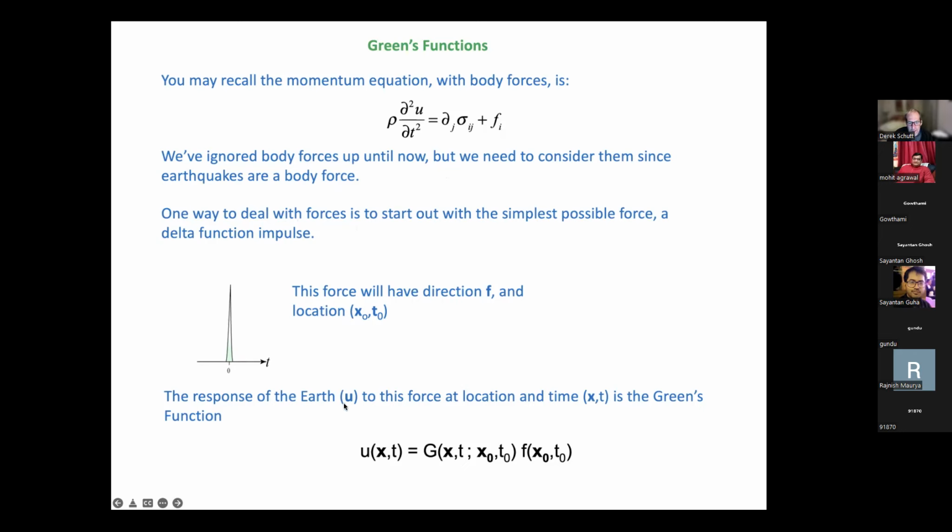And the response of the Earth to this force at a location and time x of t is the Green's function. So u of x of t is the deformation function, and that's going to be the Green's function, which is going to be a function of both where you're measuring the deformation and where the force occurred, and it'll also be a function of the force that's occurred.